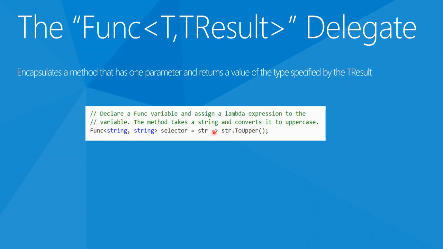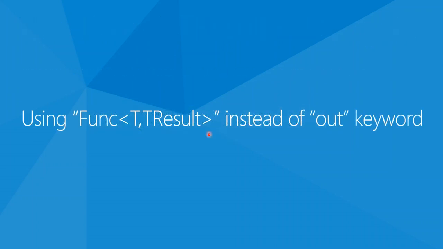This lambda expression is the definition of the func. This method takes a string argument and returns a string, and the argument sent to the function will be converted into uppercase. Let's see how we can use func instead of an out keyword.